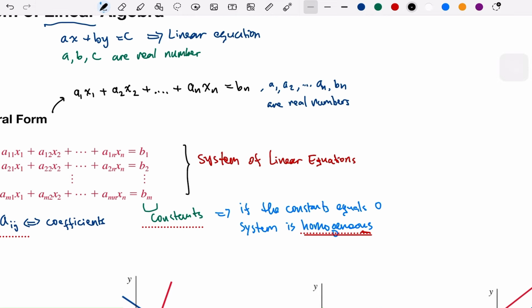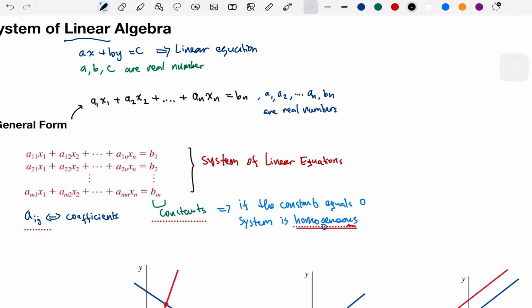For example, let me write on the right side here so you can still see: 5x1 minus x2 plus 3x3 equals 0, x1 minus 3x2 equals 0, and 3x1 plus 6x2 minus x3 equals 0.